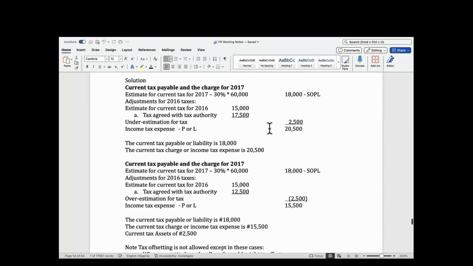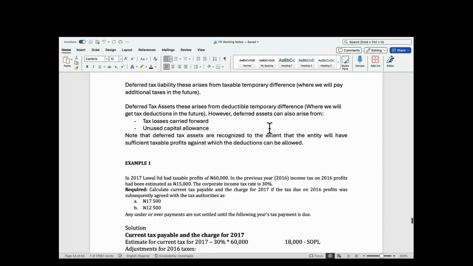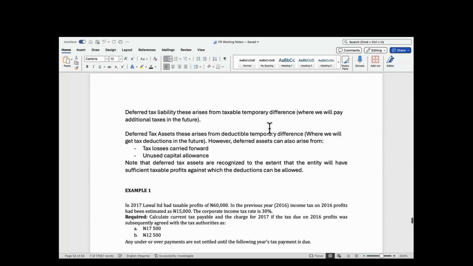Again, for deferred tax assets, we already explained that it arises from deductible temporary differences. Those are temporary differences where you are going to get a tax deduction in the future.